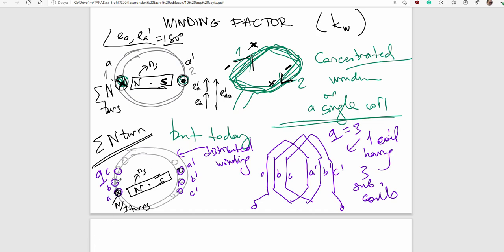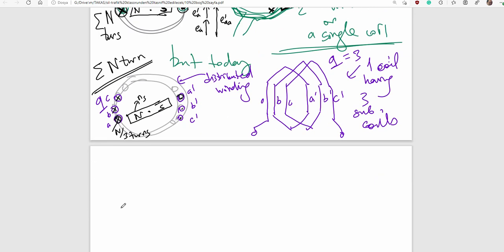Okay, and now let's substitute a salient pole again here, and then rotate it in clockwise direction, and then apply left hand three finger rule. Similar induction will occur, but in this case, again let's talk about the first A prime.